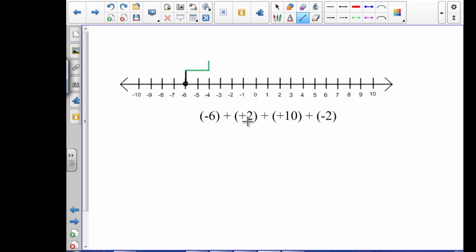I'm adding +10 to this operation. I'm moving 10 steps to the right. I'm not moving to 10. I'm moving 10 steps. So again, I'm going to count 1, 2, 3, 4, 5, 6, 7, 8, 9, 10.